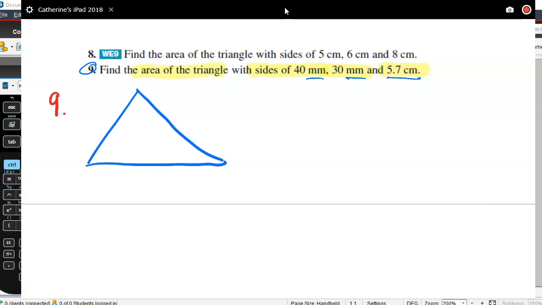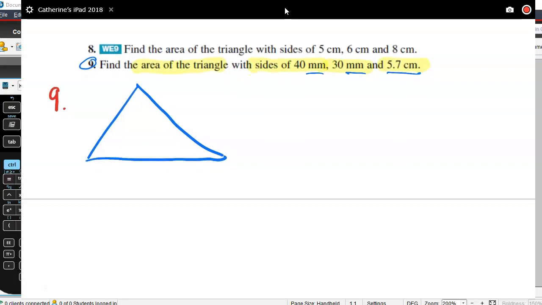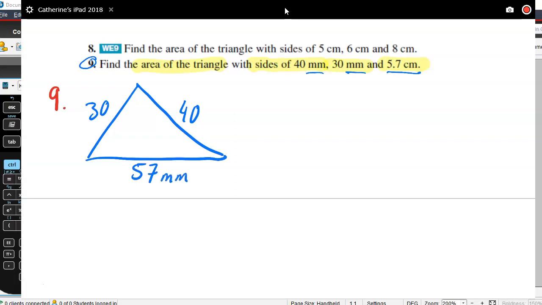Okay, so let's say 40 millimetres, 30 millimetres, and of course that is 57 millimetres. Okay, so S equals 40 plus 30 plus 57 divided by 2.